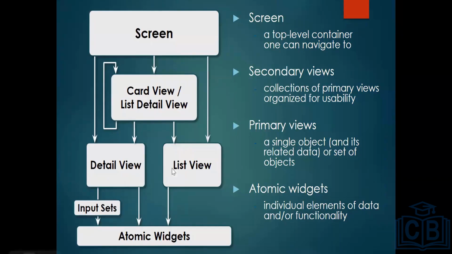These are the primary containers. Card view, list detail and screen are the secondary containers, because atomic widgets cannot be directly added to these. First, it needs to be added to the detail view or list view. Then that detail has to be added either to the screen or to the card view. This shows the hierarchy.